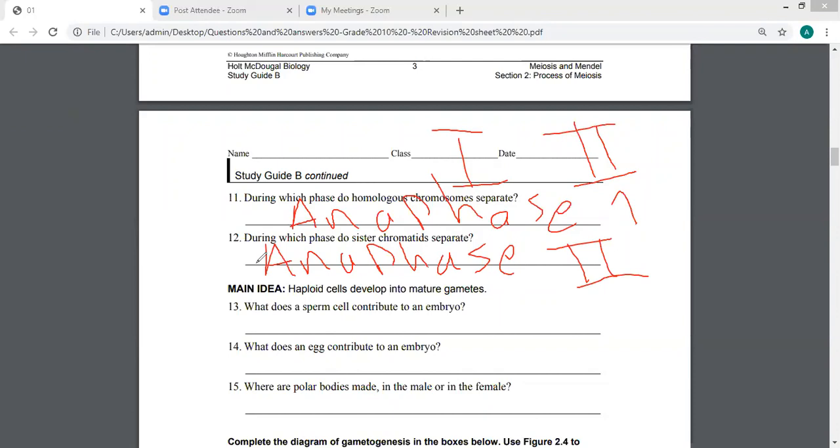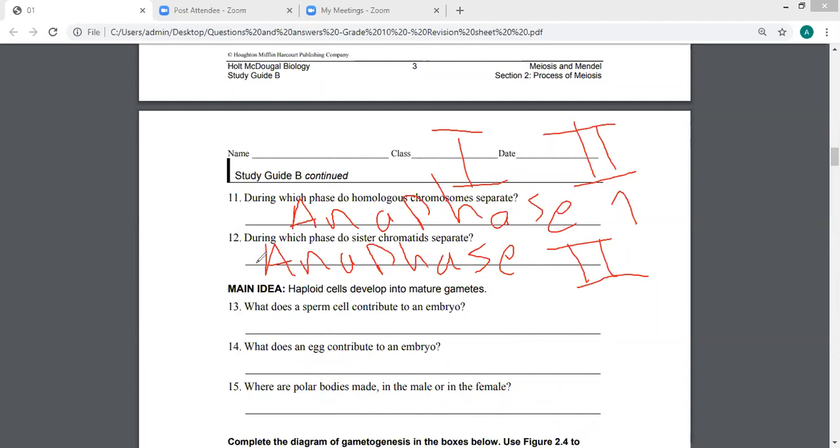Number 13, what does a sperm cell contribute to an embryo? What does a sperm cell contribute to an embryo? DNA, right. Good, excellent.